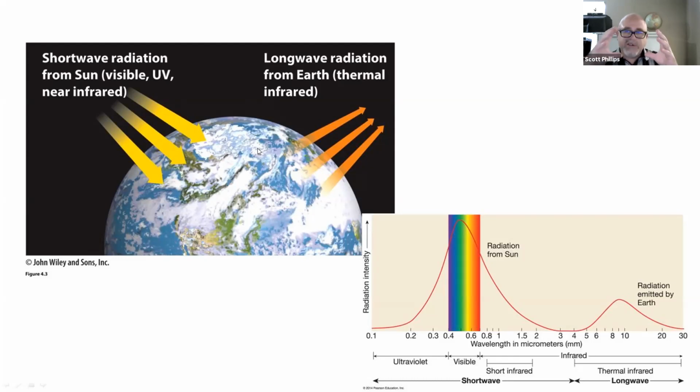A night vision scope is measuring the heat coming off of objects like people or tanks or cars. But the Earth as a whole also gives off this type of thermal infrared energy. So the sun heats it up, and then as the atmosphere heats up, heat is given off by the atmosphere back out into space.